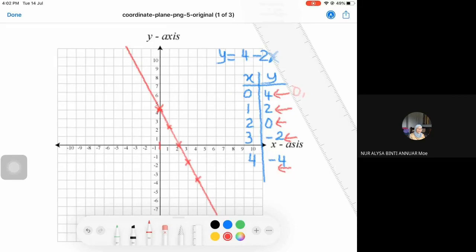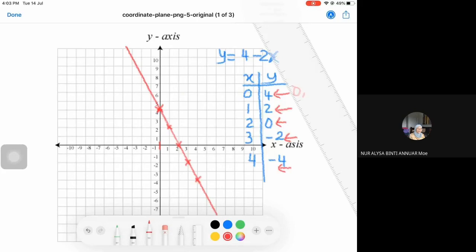Now, if you look at your graph, I hope you use the correct scale for your regular scale for X and also for Y. Baru you akan dapat jawapan yang tepat, ya. We can get the solutions for X and Y without doing any calculation, but we can just read from the graph yang kita dah lukis.